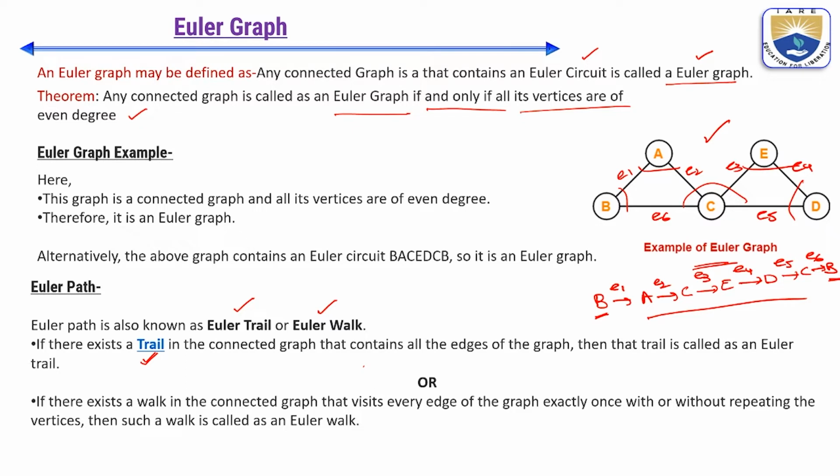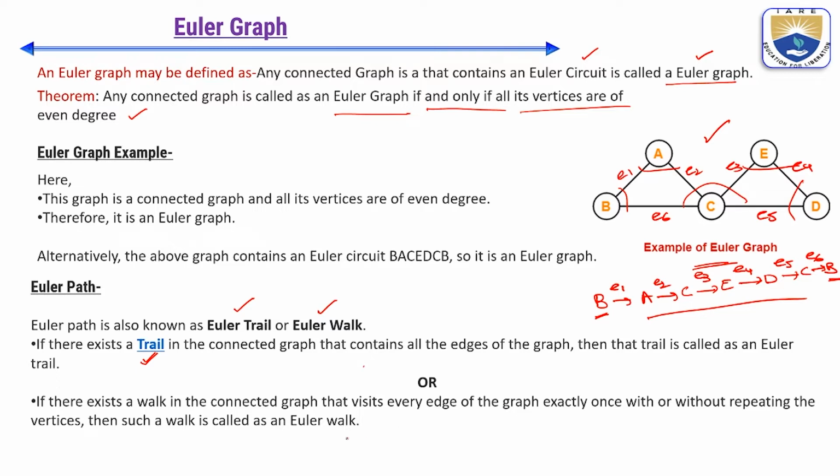If all the edges of the original graph are not covered, then it is simply a trail. If the trail consists of all the edges of the graph without repetition of the edges, then we can say that the trail is an Euler's trail.